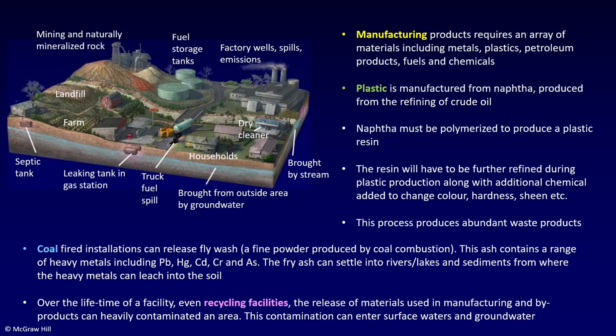And so this can lead to the area surrounding your manufacturing facility to become extremely heavily contaminated. And of course, over time, this contamination will enter the surface water and it will enter the groundwater. But because the soil is so contaminated, it means that even if you close your manufacturing facility down, the contamination could still remain in that area for decades.